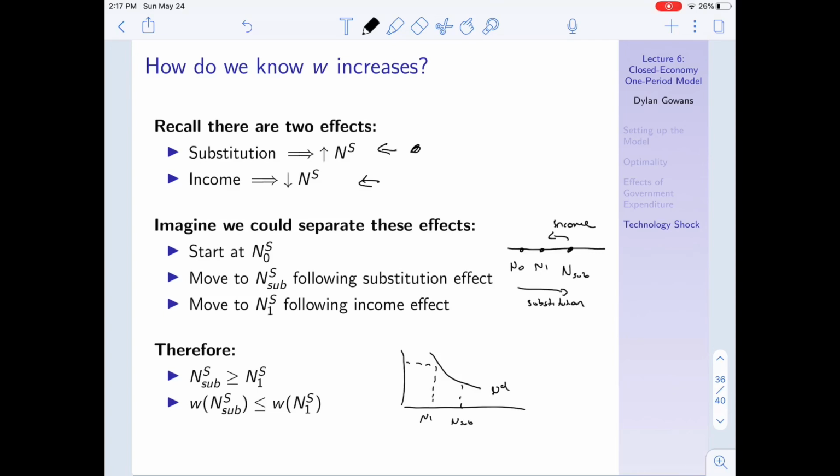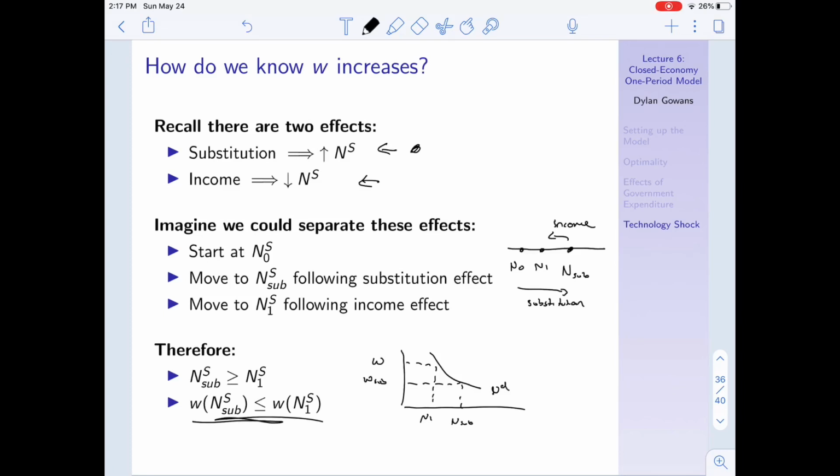That means that the wage I end up with must be greater than the wage if I just had the substitution effect. Okay, and that's what I put here.